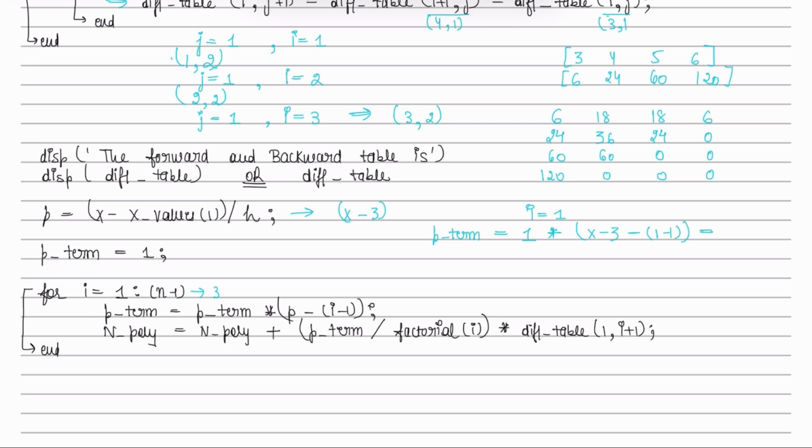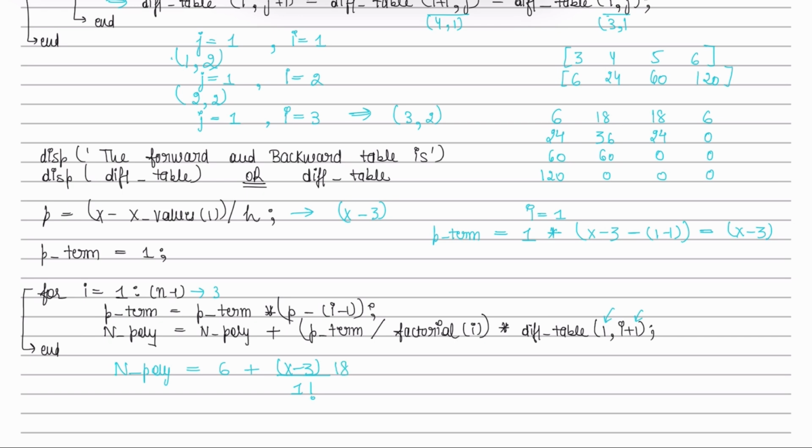So this value is again x minus 3, and this will be updated in L polynomial, which already has the value 6 initialized, plus p term, which is x minus 3 divided by 1 factorial, into the difference table value at first row and second column, which is 18.